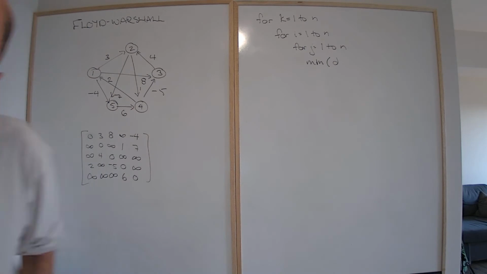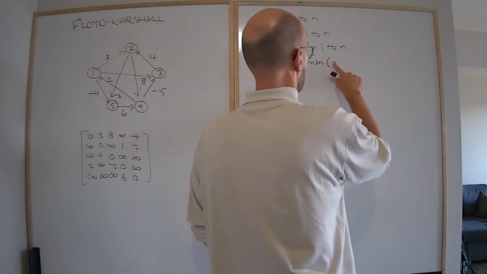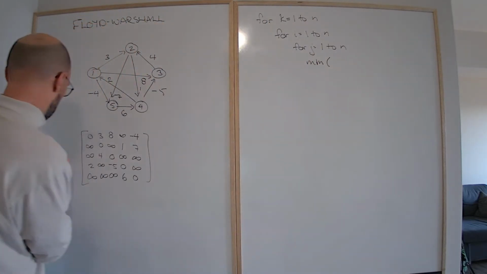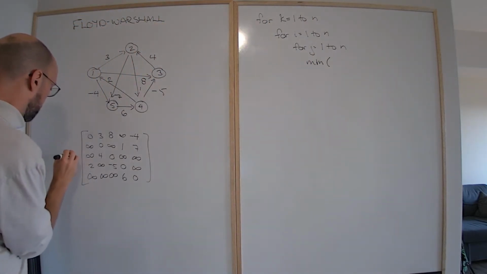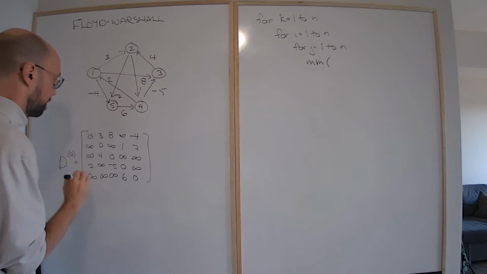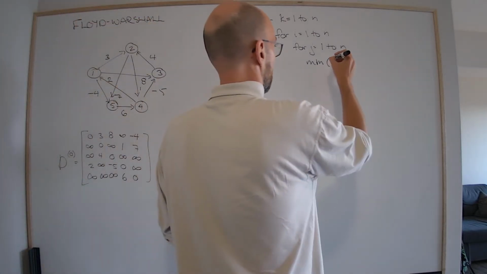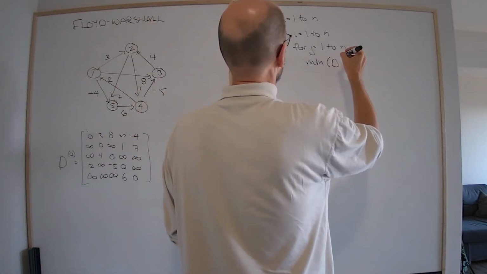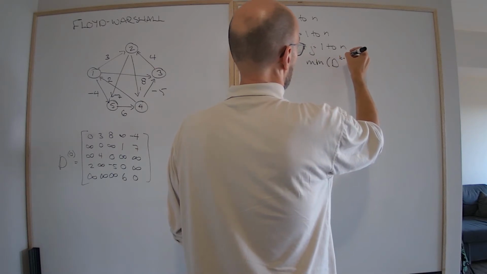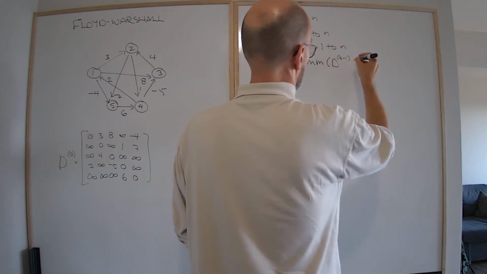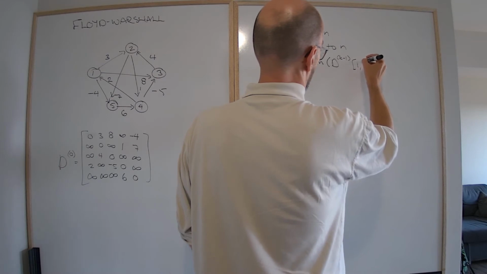How do they write this? They call this D0. So this is going to be D k minus 1, i j.